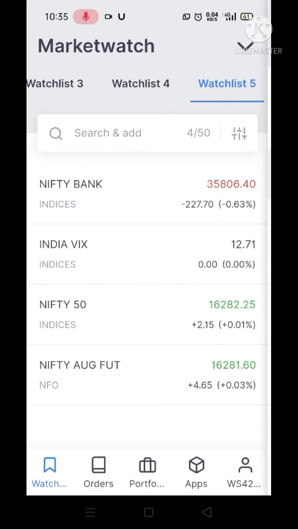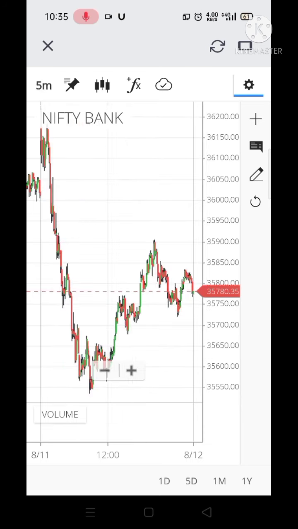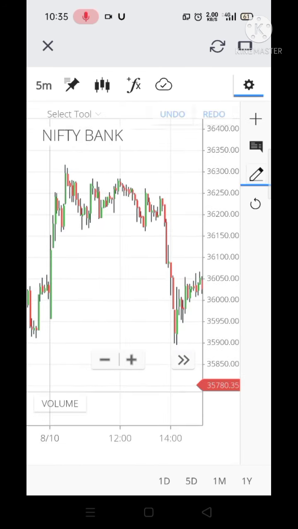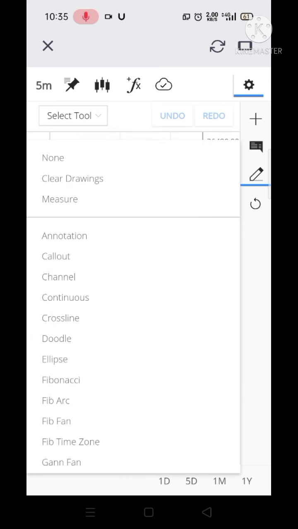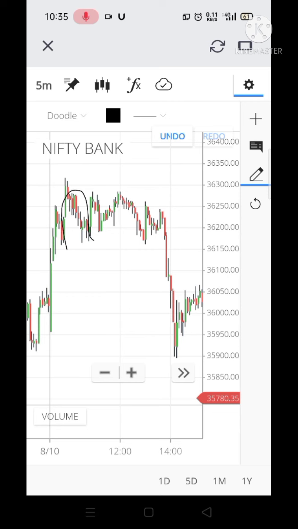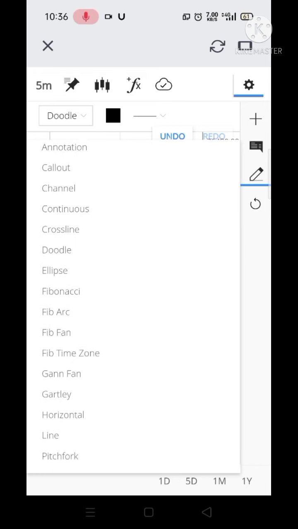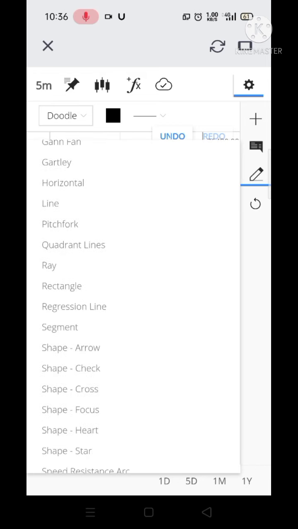So what was the analysis? Let me show you. As you know, I mark my zone area on 5-minute charts. So on Tuesday, the market was consolidating somewhere here, in this zone. So I simply went there and marked the zone.